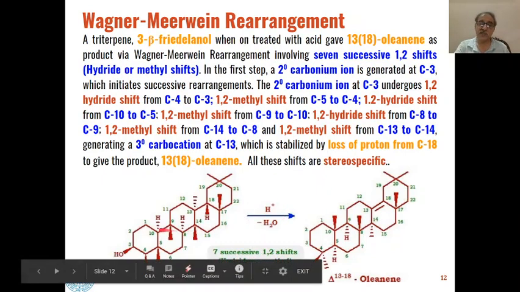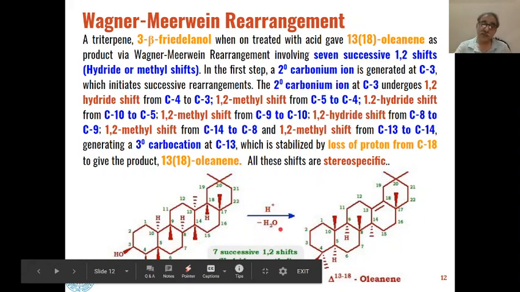Basically here also, the H positive ion will react with OH, and a carbonium ion will be generated at carbon 3 with the removal of a water molecule.